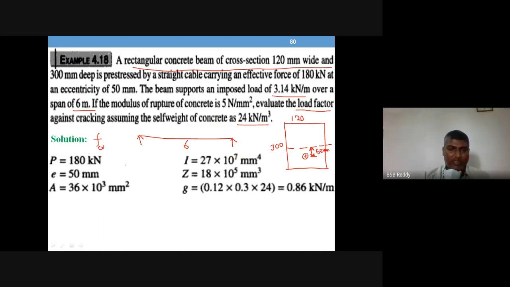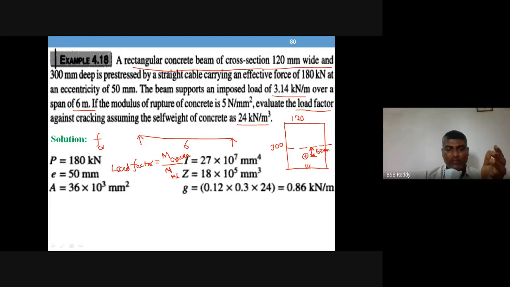What is meant by a load factor? Load factor means the bending moment required for developing cracks, that means the cracking moment, divided by the actual bending moment, the working bending moment under the service loads, that is the working loads.